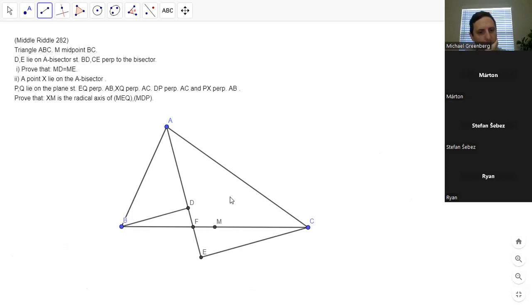By the way, answering your question, AFDE is harmonic because you just project from the point at infinity of direction BD.